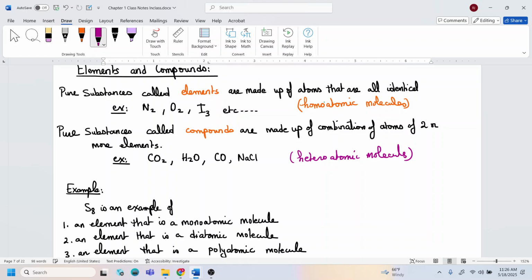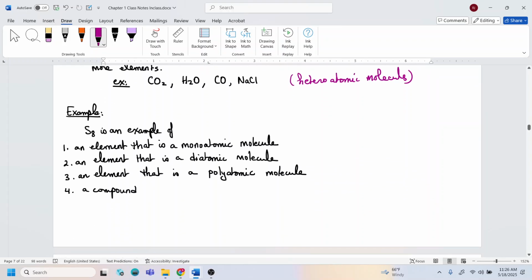Let's have some examples in there. S8. So what is S8? S8 is definitely a molecule that is made up of 8 sulfurs, and the sulfurs are the same, you guys. Okay, so since they are all the same, I no longer will call it a compound.